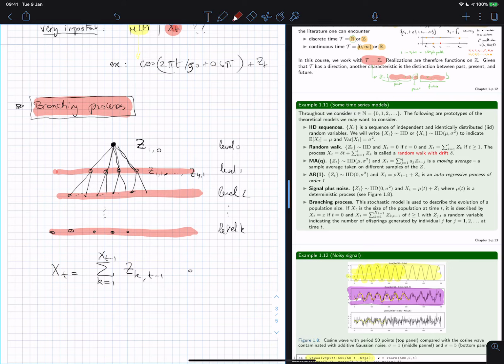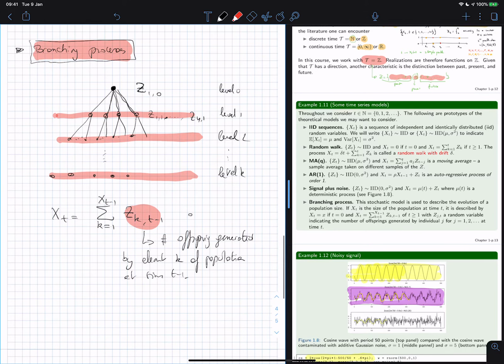So each of these is the number of offspring generated by the element k of the population at time t minus 1. And then to each of these guys you associate a random distribution. Each of these guys has a certain law, and then this gives you a certain evolution of a population, which is itself far from trivial.